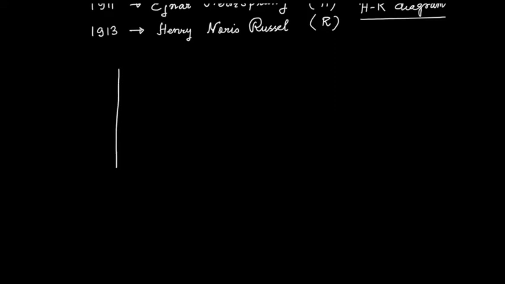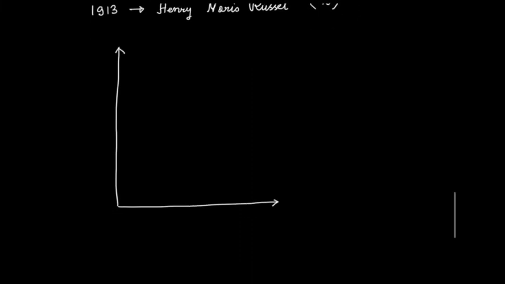So let me plot the HR diagram here schematically. This is log of temperature with respect to solar temperature, and log of luminosity with respect to solar luminosity.